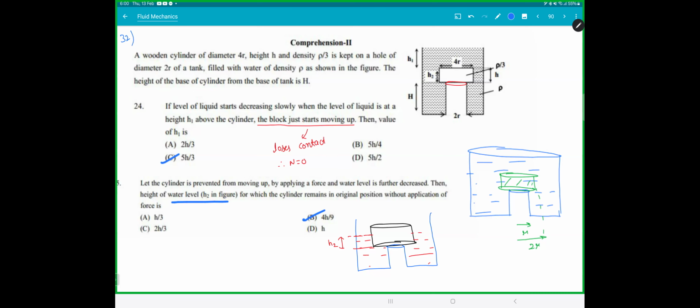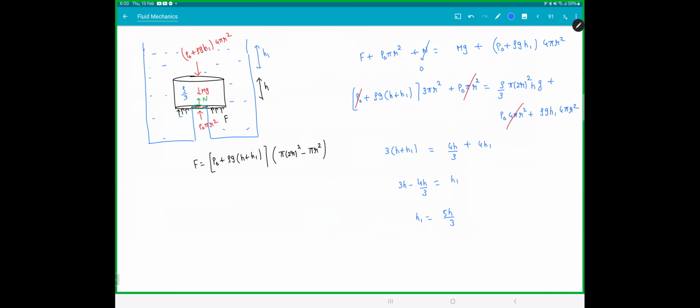What did we take as FS? If you look at the bottom, you should take the pressure into this area. Pressure will be how much? Rho g (h plus h1), total depth.